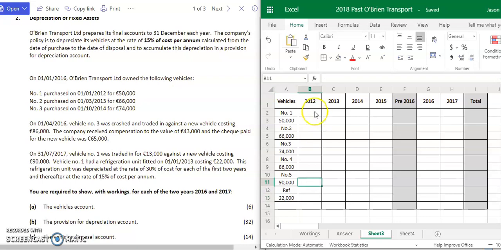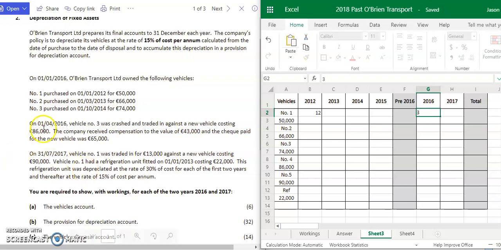Okay, the next thing we have to do is find out how long we actually had these vehicles for, so we can calculate depreciation. So vehicle number 1 we bought on the 1st of 1st, 2012, so we had that for 12 months for 2012. We got rid of it on the 1st of 4th, 2016. So in 2016, we had it for 3 months. So we had it for January, February, March.